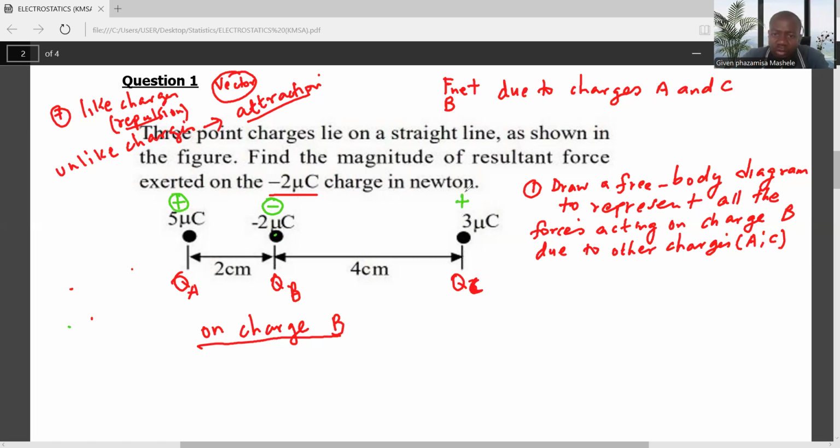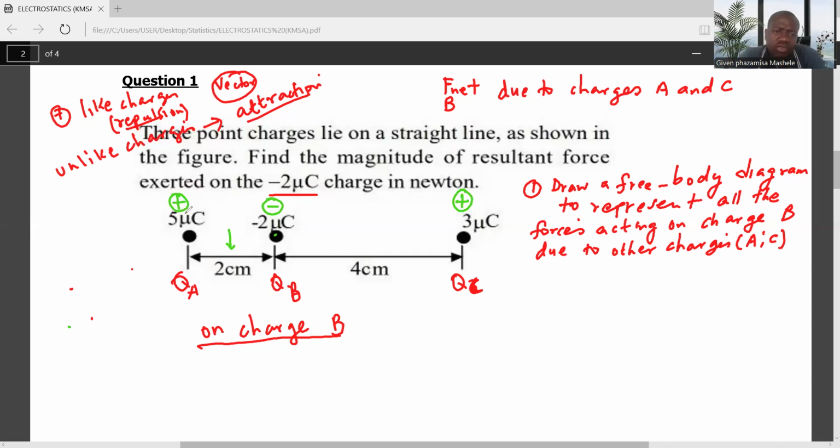So we're going to compare the type of forces that occur on charge B due to the other charges. Let's start with charge A. If you look at charge A and charge B, they are 2 centimeters apart, which we're going to talk about later.